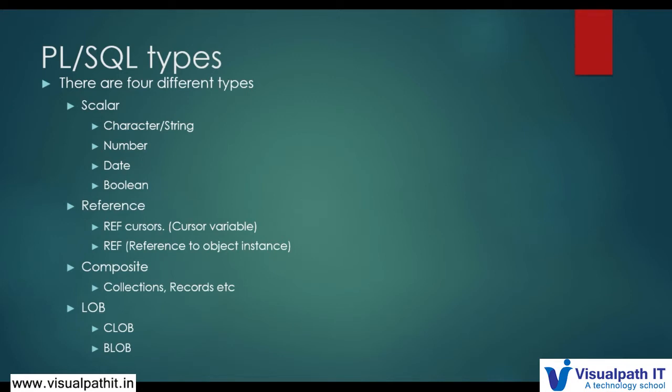Composite type is collection or record, any kind of collection you want to create will come under composite type. And LOB is character LOB and BLOB. These are all advanced features of PL SQL, LOB and composite.